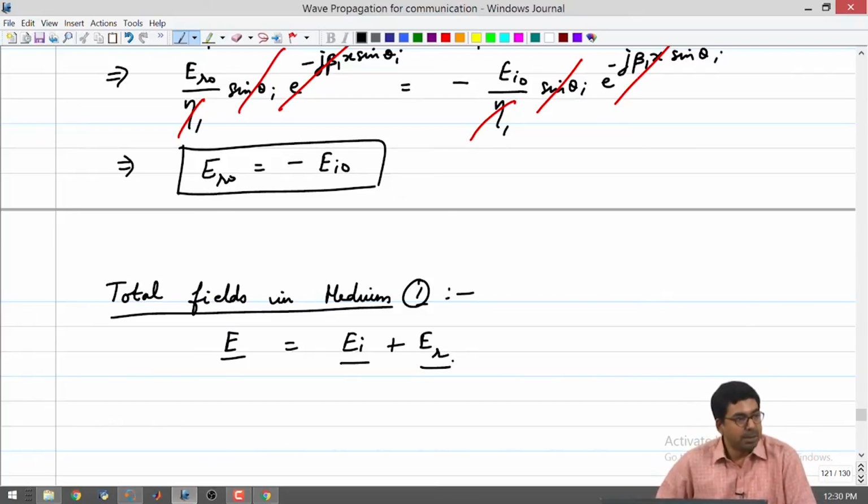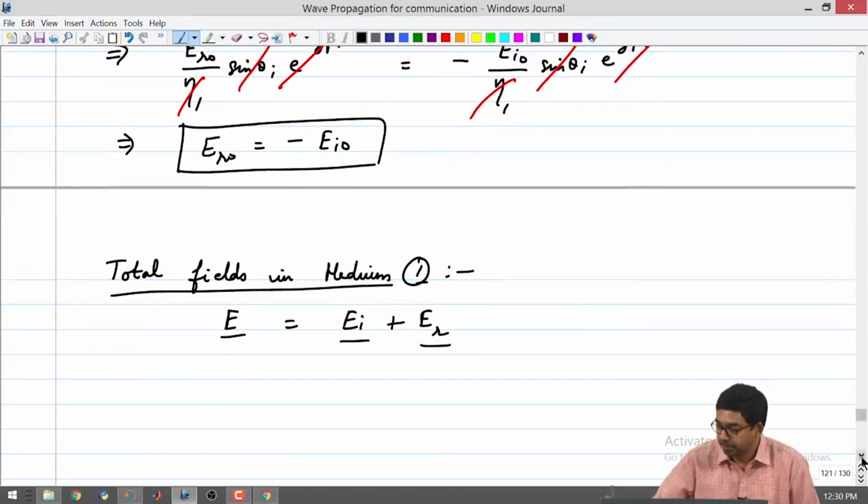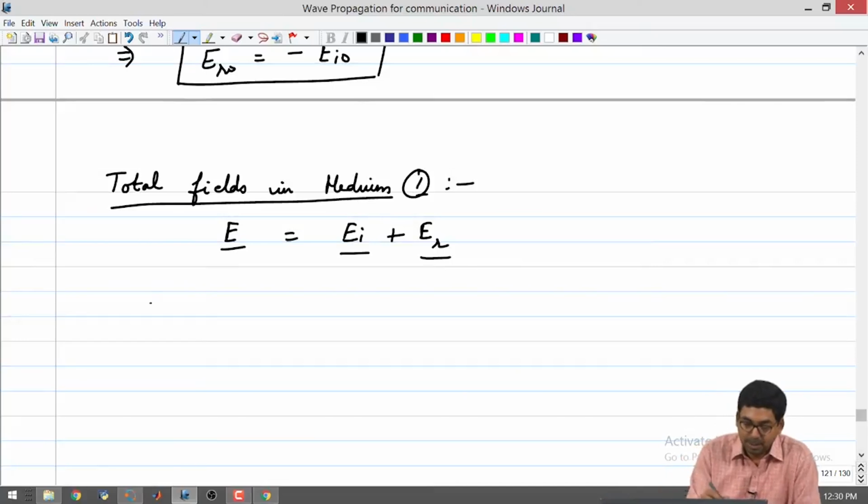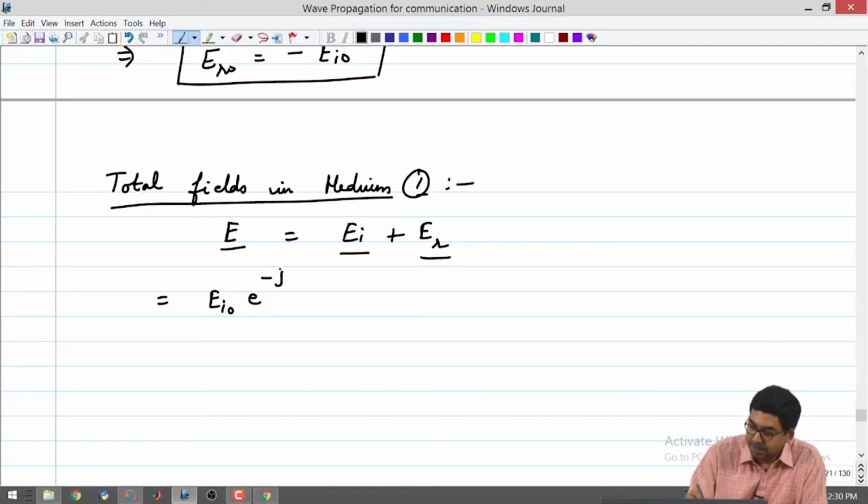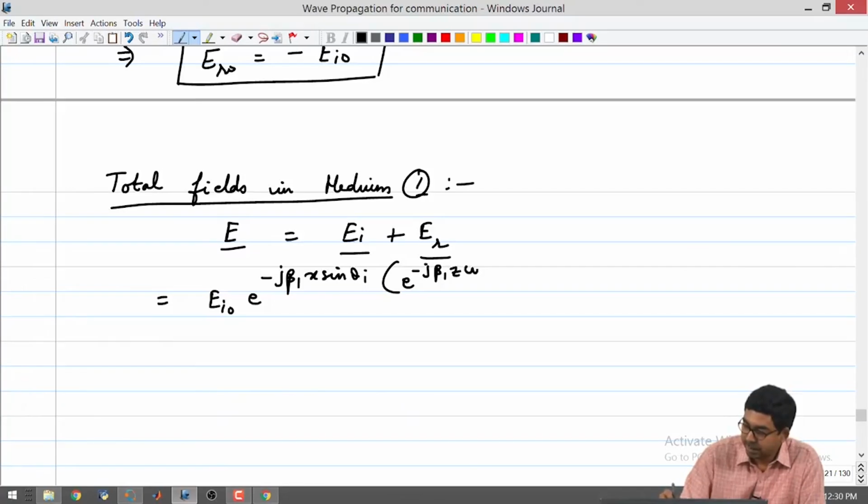All I have to do is take the expressions and add them up together. So, I am going to have EI to be EI naught e to the minus j beta 1 x sin theta I, and then e to the minus j beta 1 z cos theta I.